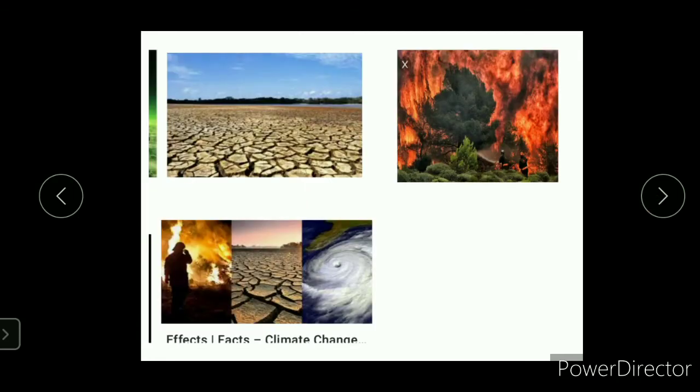Right? Next, here you can see desertification: the fertile lands and the land covered with forest turned into desert land. This is also one of the environmental issues.